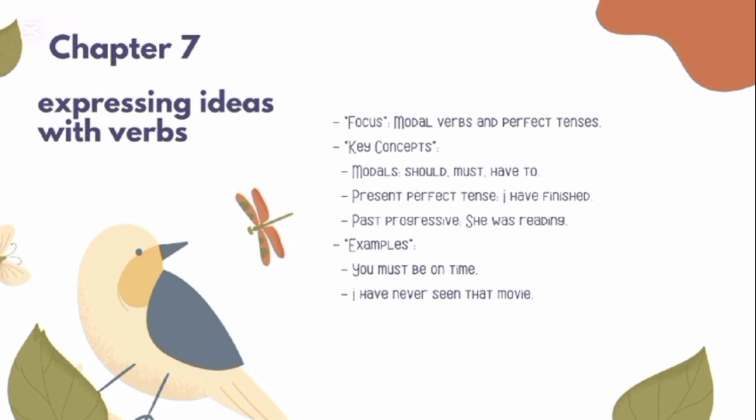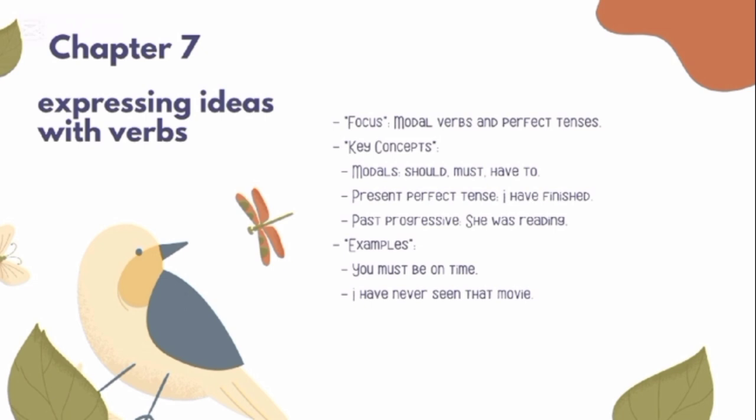The last one is chapter 7, about expressing ideas with verbs. This is the final chapter, exploring modal verbs of advice, necessity, and possibility, so it focuses on modal verbs and the perfect tenses. For example, you should study for the exam.